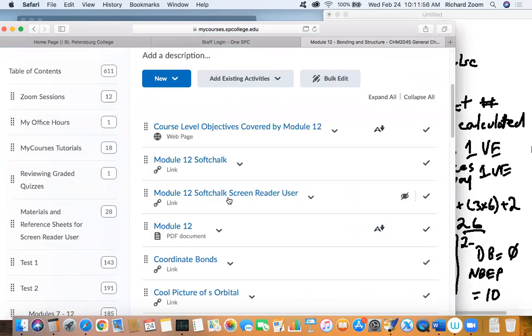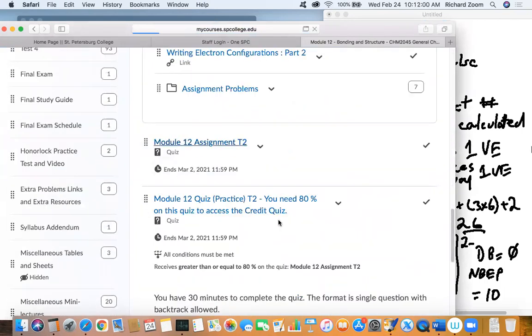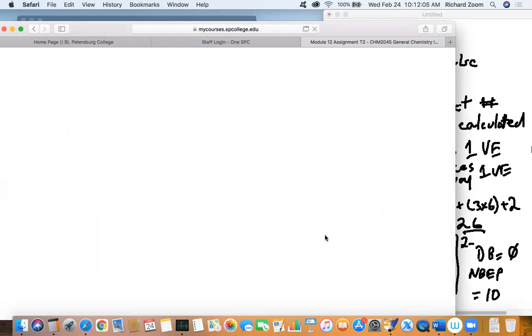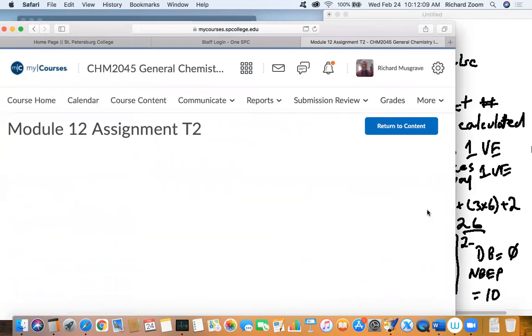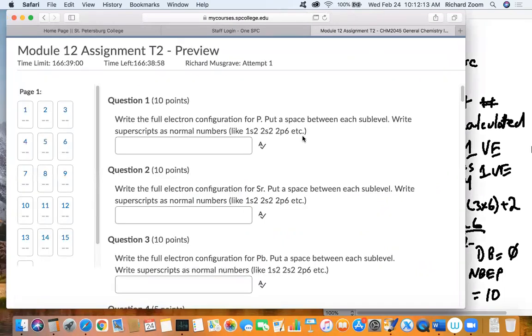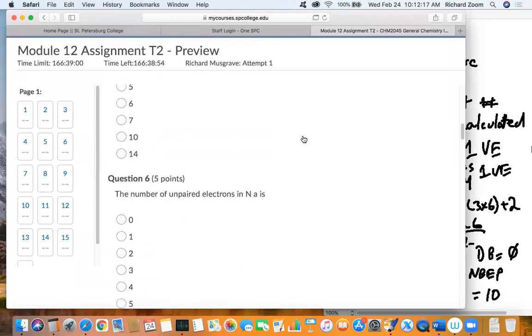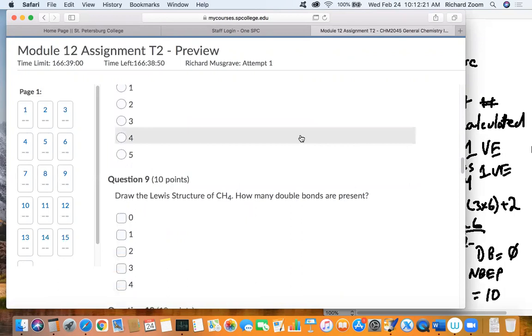This one is not particularly time consuming, I don't think. There's the module 12 assignment, which I think isn't very many questions. And it consists of electron configurations, then some questions about orbitals and unpaired electrons.